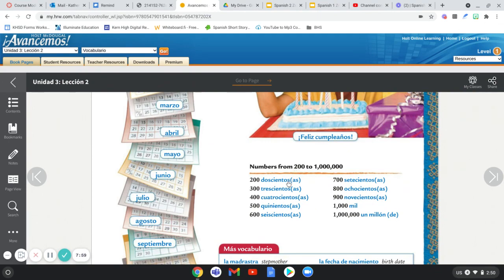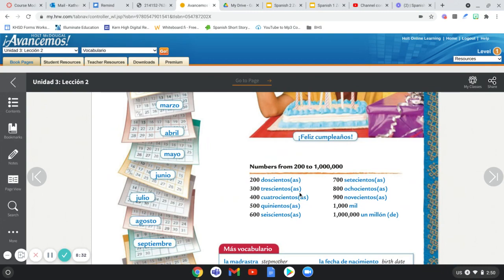The last thing is that now we have TOS or TAS at the end of it for every single one, except of course the thousands and the millions, all the hundreds. The difference is, because you have this ending now, TOS or TAS after the word for 100, depending on what you're talking about, if the school bought 200 new Chromebooks for everyone since we're doing distance learning, they would have to match the spelling of the number with the thing that they're talking about.